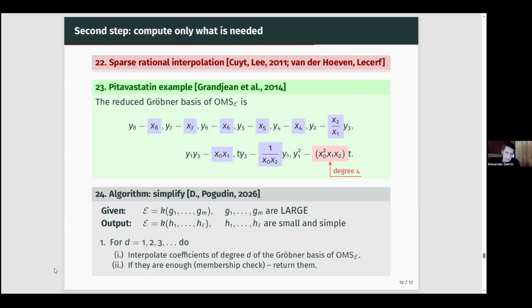So basically, the only difference now with respect to the previous one is that instead of computing the whole Gröbner basis over the rational function field, we circumvent expression swell, and we don't interpolate high degree coefficients by going iteratively. So we compute the Gröbner basis iteratively.